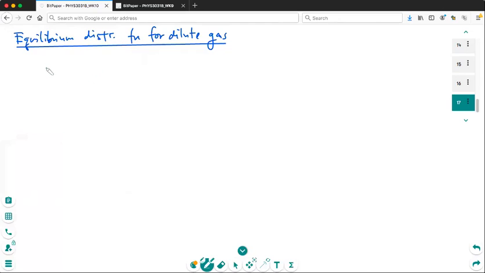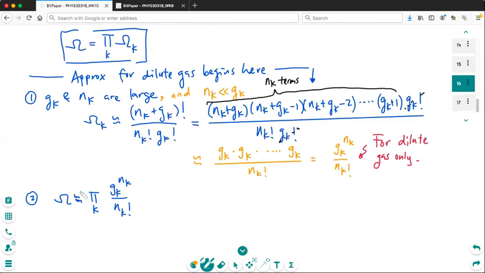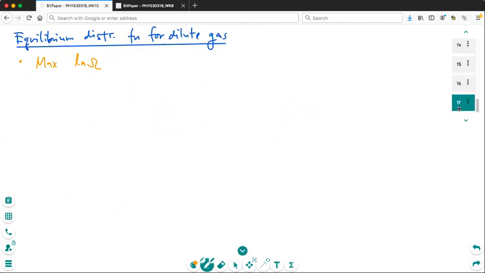So we want to maximize log of omega. This is the same omega as before. Now we want to maximize this rather nasty looking expression subject to two constraints. One constraint is we do not want the number of gas particles in the system to change. And we do not want the total internal energy to change. So these are the two constraints.